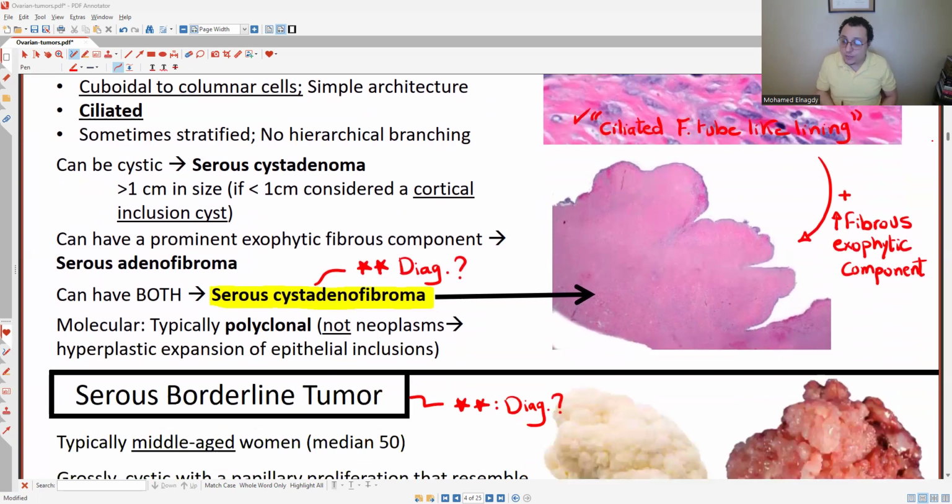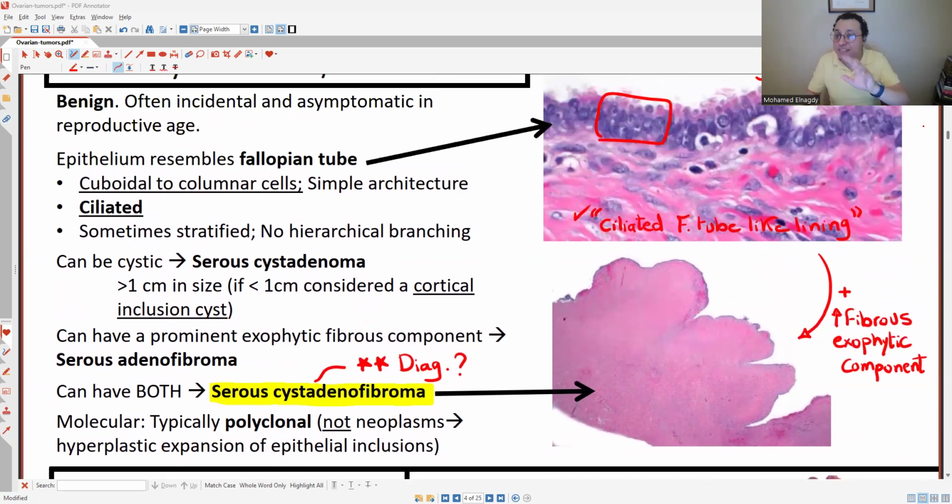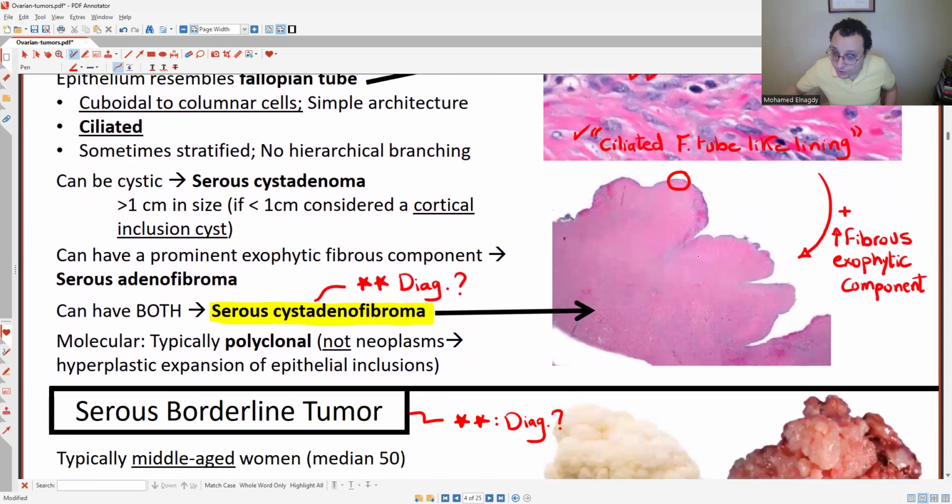What you need to know is that there is an important variant of the benign serous cystadenoma, in which you have the exact same ciliated fallopian tube-like lining. But on low power, you see that there is some kind of stromal expansion.